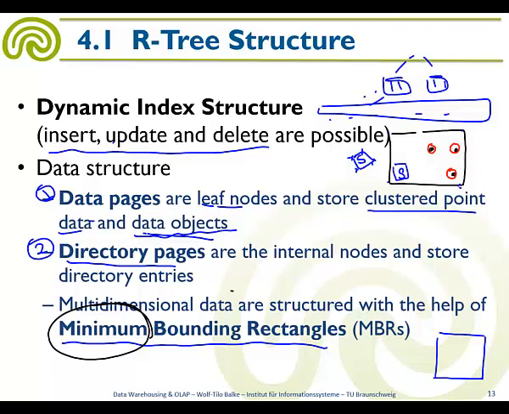So when you first start looking at the tree and the different clusters that you have, you will find a cluster that looks like this. It's big, which means it seems like the search query might be there. So you start traversing the tree. Only at the end, you reach the leaf pages, and you find out, oops, it wasn't there. And this is because you have a lot of dead space here. So this bounding rectangle was too big.